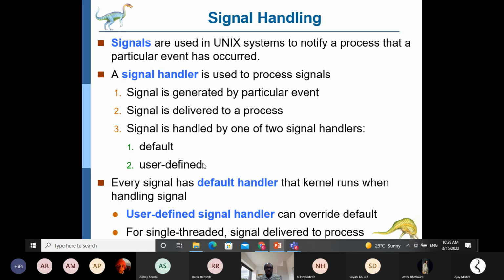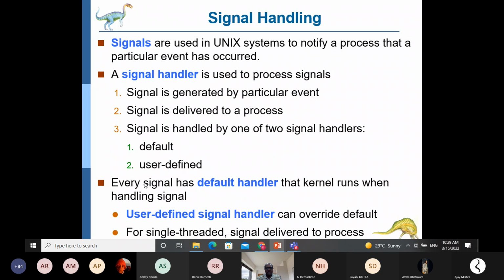User defined means the application programmer himself will define the signal handler, and he will incorporate it as part of the process. So whenever a particular signal arrives, and that particular signal handler is available to the process, then it will be run, and the appropriate message will be communicated.